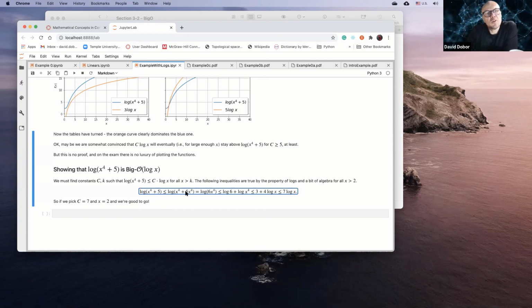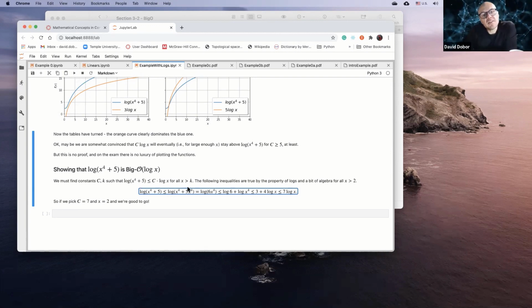Well, x to the 4th is always bigger. So the argument of the log in this second expression, x to the 4th plus 5, is bigger. And log is a monotonically increasing function, so you give it a bigger argument, it will return a bigger value. So this is an inequality because log is an increasing function. It would work if it was just non-decreasing, but it's increasing.